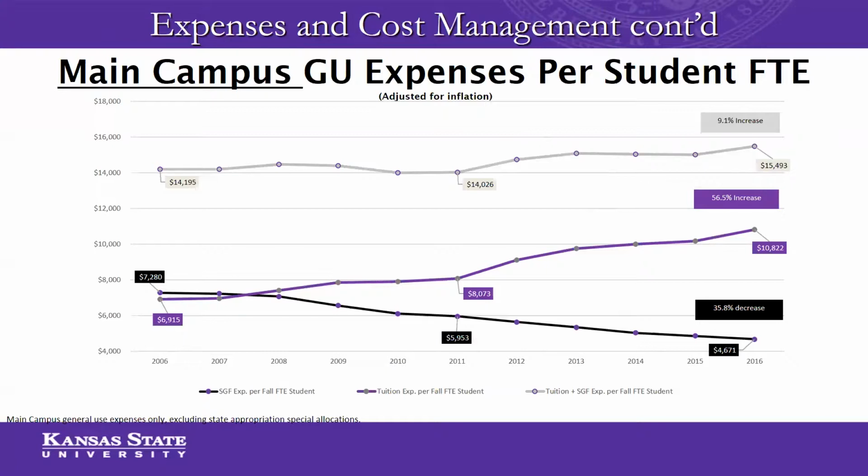Adjusted for inflation, the top line shows our total GU budget expended per student FTE has remained fairly flat. We've had about a 9% increase in expenditures per student FTE during that period. But you can see quite a significant change in the funding mix per student FTE. Our state dollars have declined dramatically, while our tuition dollars have had to make up the decline.